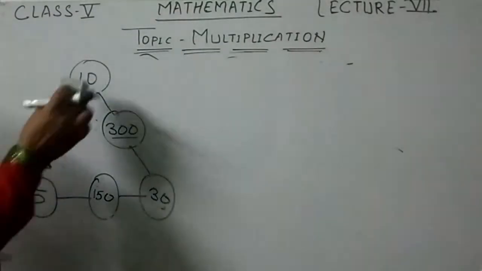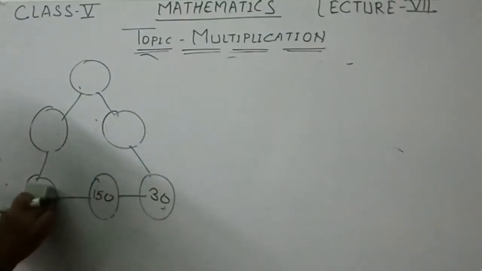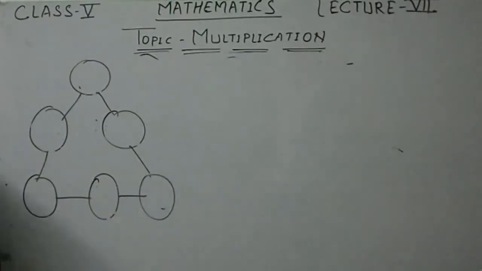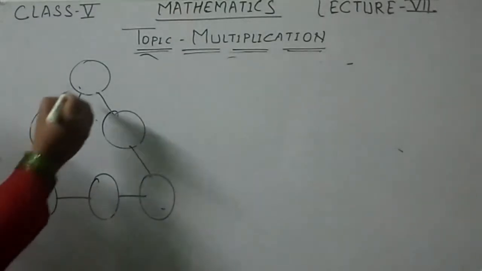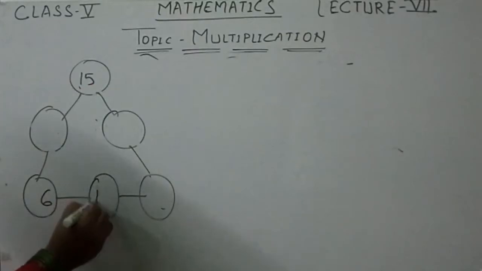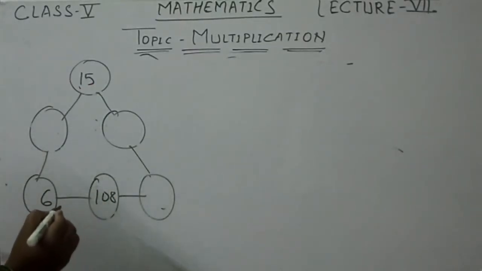Now, the third example from your book. What do we notice here? Simple. If two numbers are given, we multiply the numbers together and write the answer in the third blank. Here 15 is written. In this box 6, here 108 and here 18 is written.